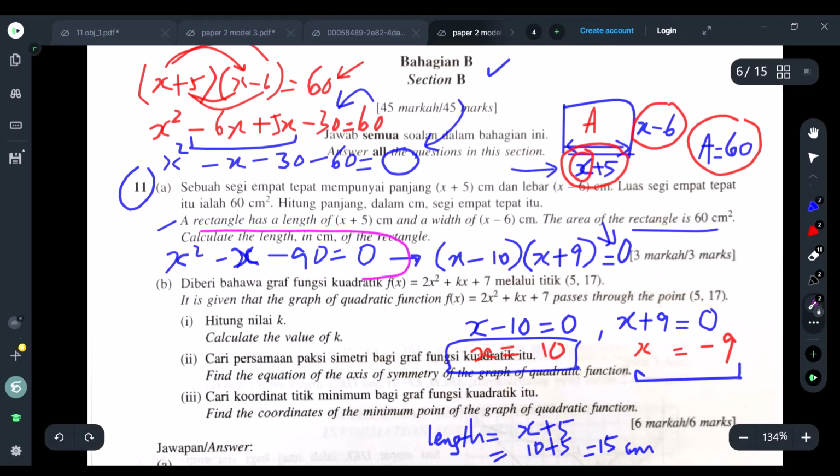You can use a calculator or use your skill manually. Then you'll get your x. Take the positive value, and then you answer the question. It asks you to get the length, so you just substitute your 10 here.